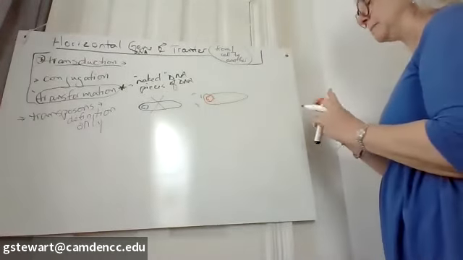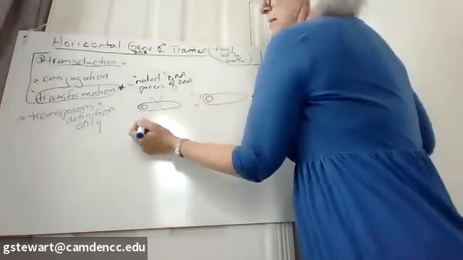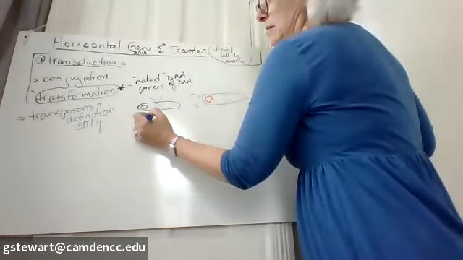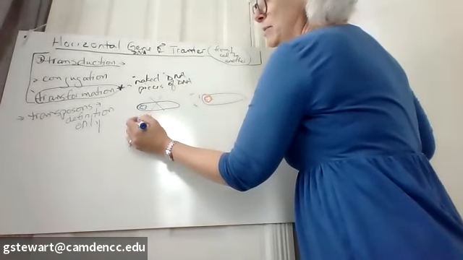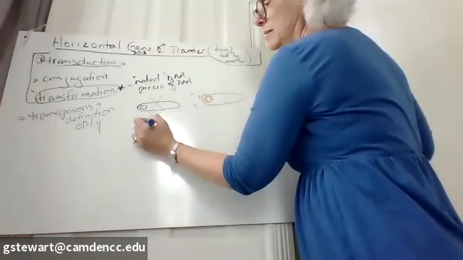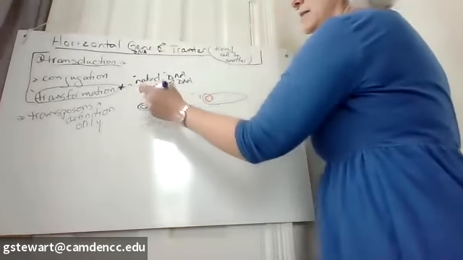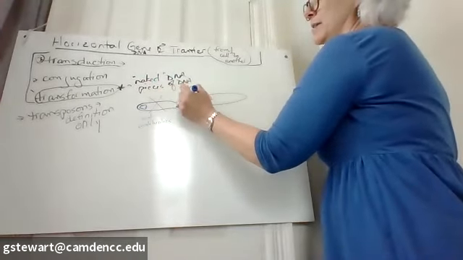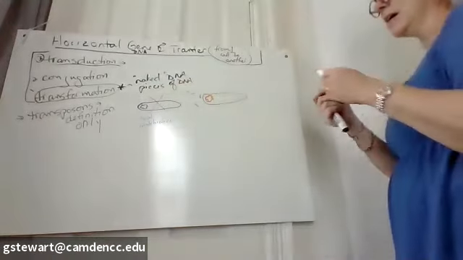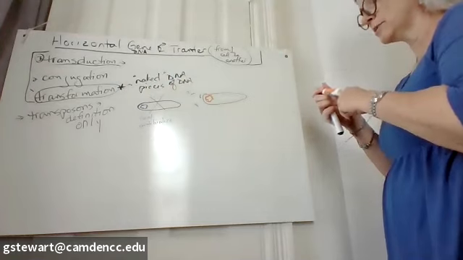That's transformation. What caused this cell to die? Well, maybe it was heated, right? Maybe heat killed it, or maybe it was treated with some antibiotics. For whatever reason, cell number 1 dies, and its DNA is picked up by cell number 2 and becomes part of their chromosome.